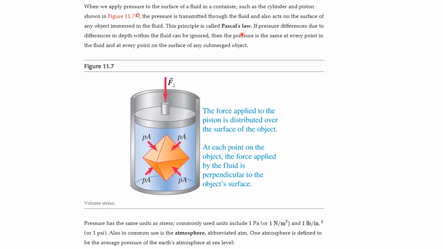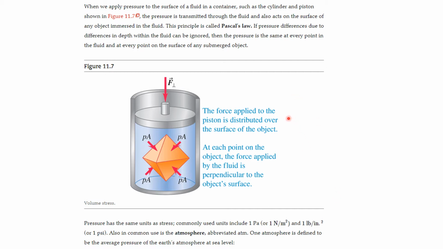This principle is called Pascal's Law, named after the French mathematician Pascal. If the pressure differences due to the differences in depth within the fluid can be ignored, and in the problem that I assigned you they can't be ignored, they're different, but here I'm saying if they can be ignored, then the pressure is the same at every point in the fluid and at every point on the surface of any submerged object.